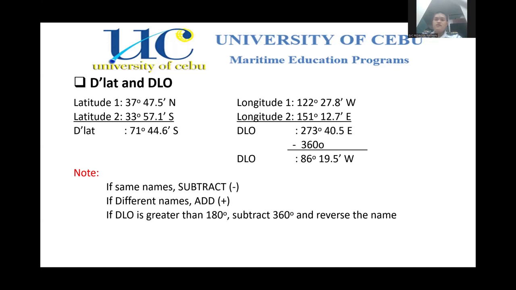Why? Because it's going to east. Then note, if DL is greater than 180 degrees, we must subtract it from 360 and reverse the name. So we subtract it because it is greater than 180. And the answer is 86 degrees 19.5 minutes west because we reverse the name.